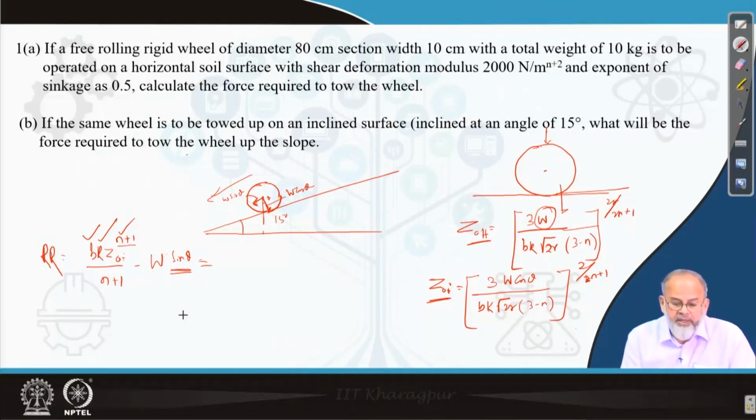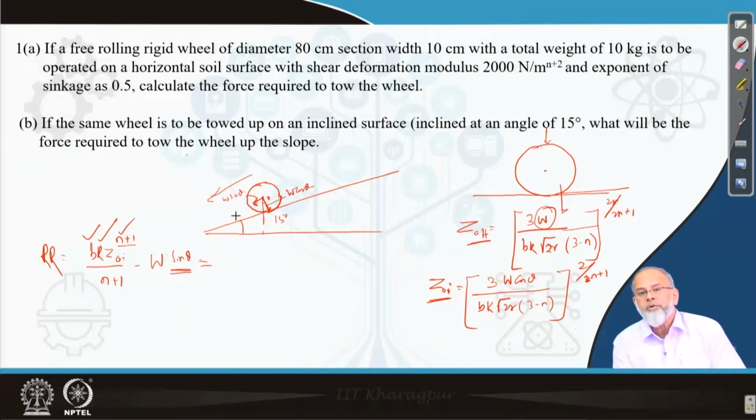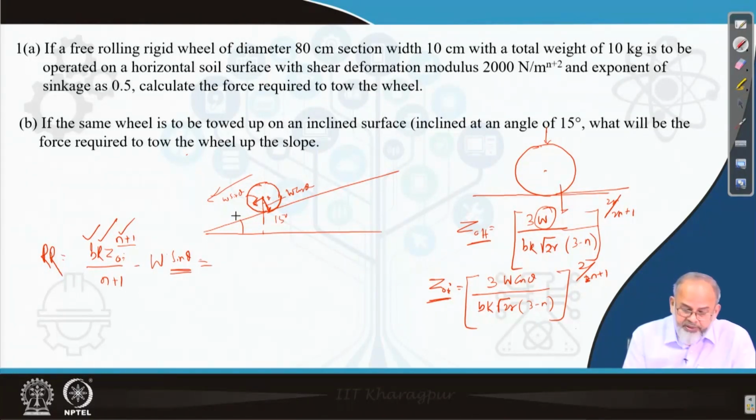And if it is an inclined surface, then first you have to draw it very neatly and see whether we are moving upward or downward, because that W will be resolved into two components. One is the horizontal component, the other is the vertical component, and the vertical component is responsible for developing the sinkage.